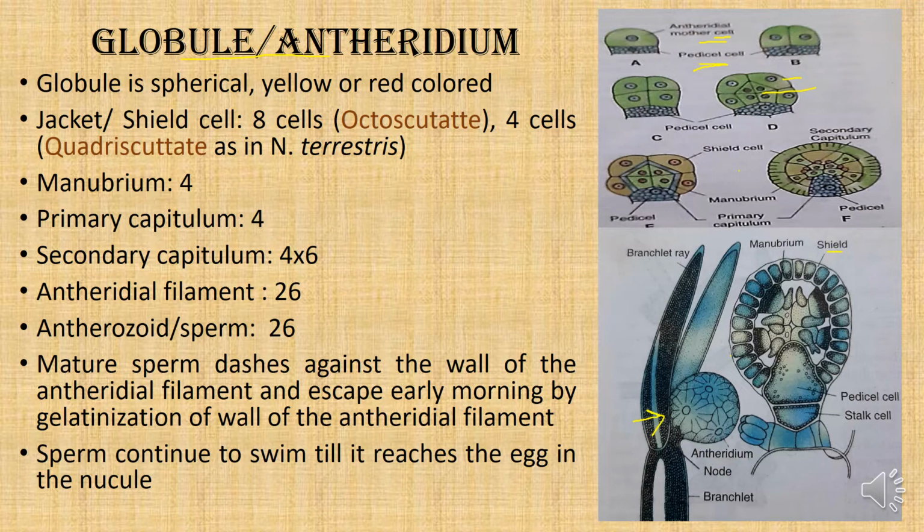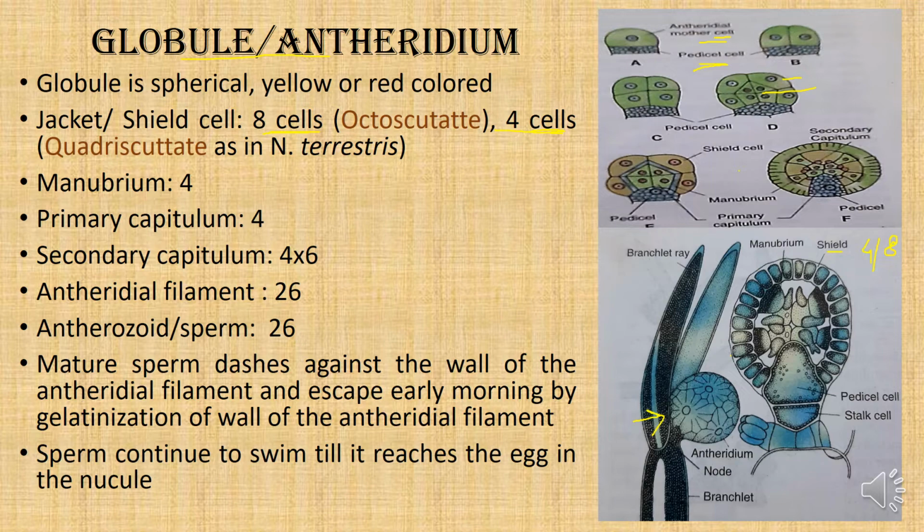In Nitella there are two types of species, where some species have 8 shield cells, some have 4 shield cells. So the shield cells can be either 4 or 8, depending upon the species.